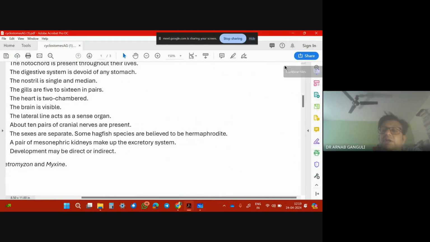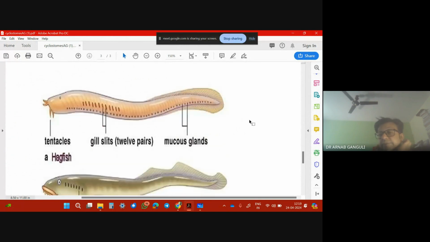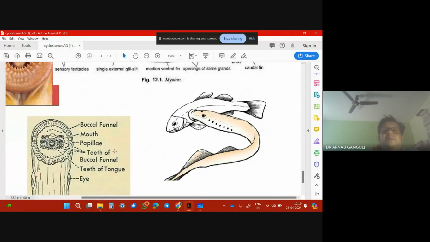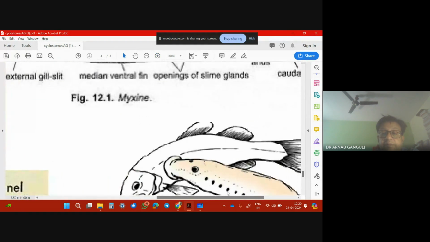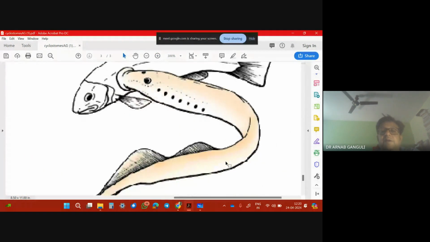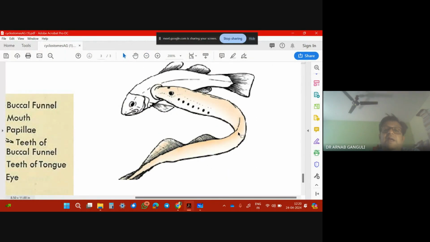Let's look at a photograph. এইটা দেখতে পাচ্ছ? Can you see this? Yes, sir.